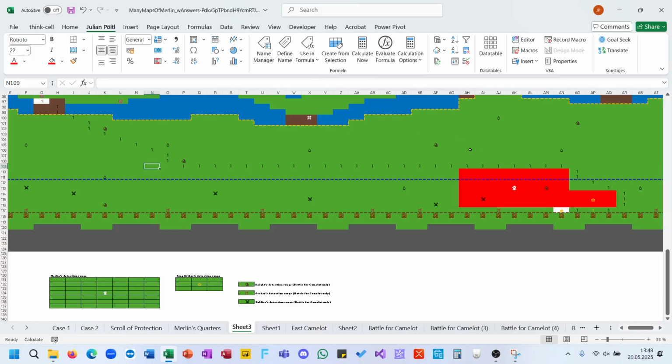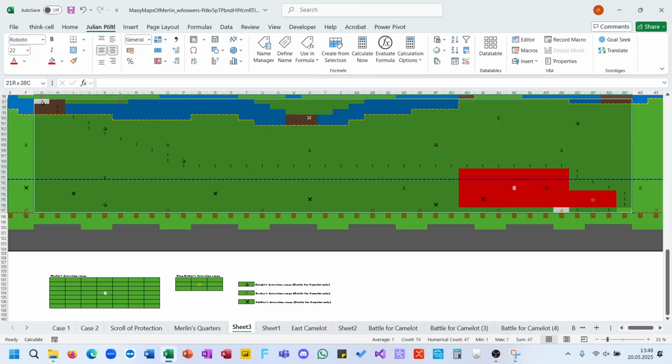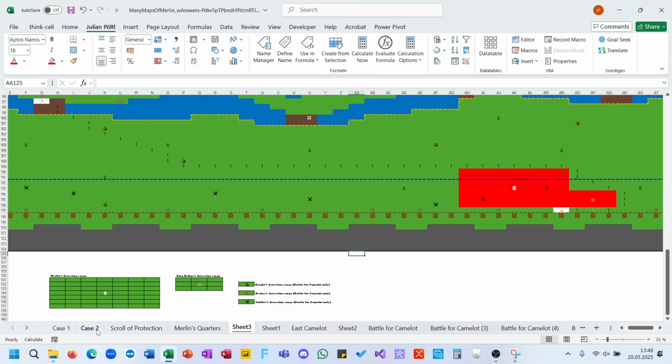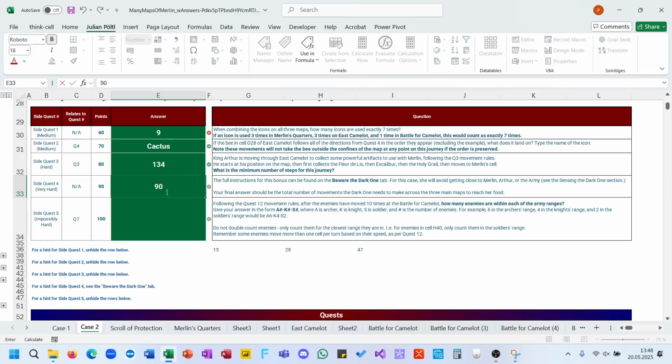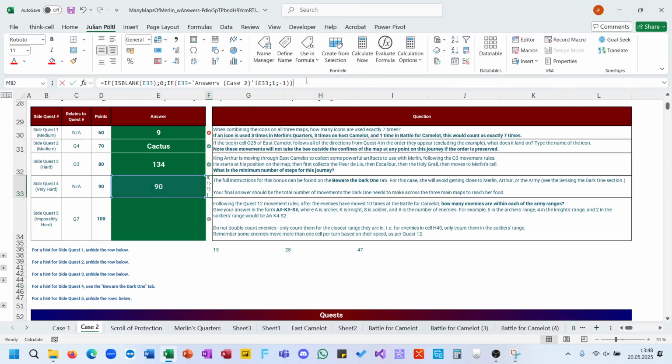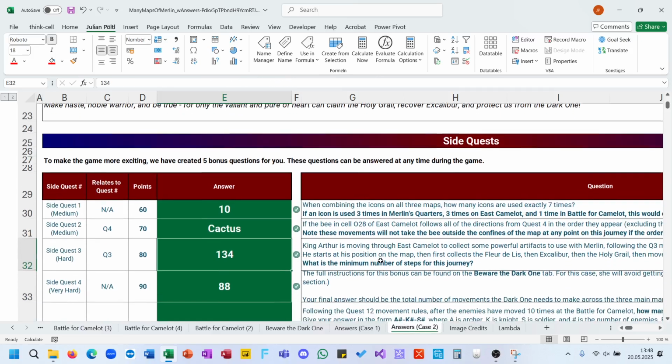I say that this is my route. And this is 47. 90. Which is wrong. 88.